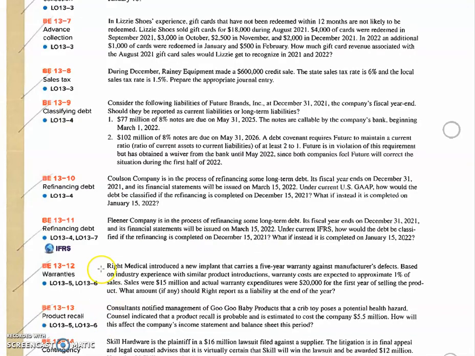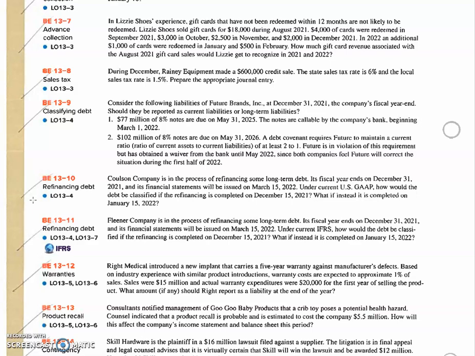So brief exercise 13.10. Coulson Company is in the process of refinancing some long-term debt. Its fiscal year ends on December 31st, 2021, and its financial statements will be issued on March 15th, 2022.